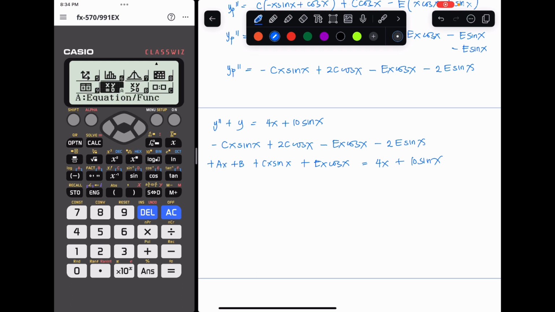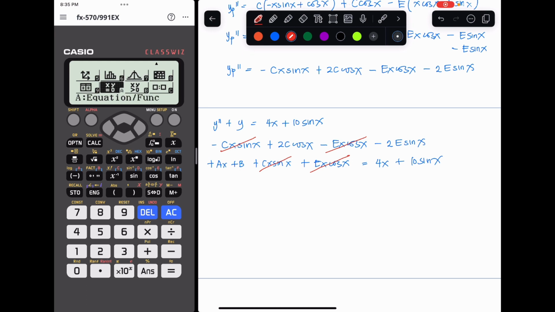From here, we can see that negative cx sine x will be cancelled out by positive cx sine x, and negative ex cosine x will be cancelled out by positive ex cosine x, leaving us with the remaining equation.